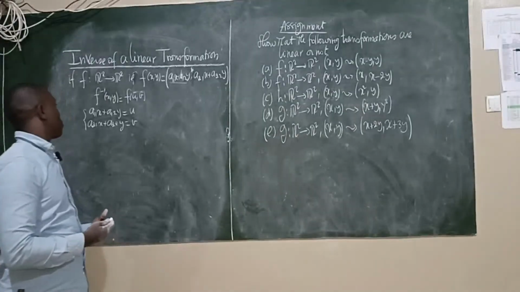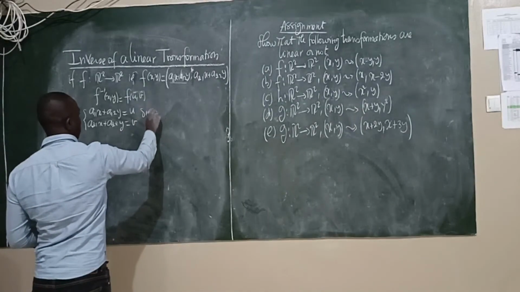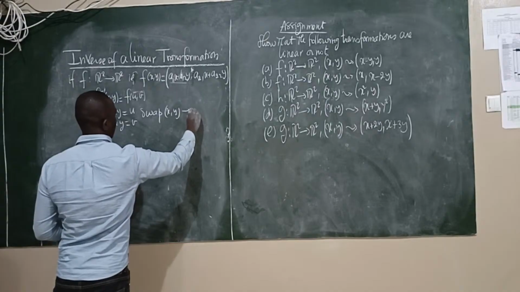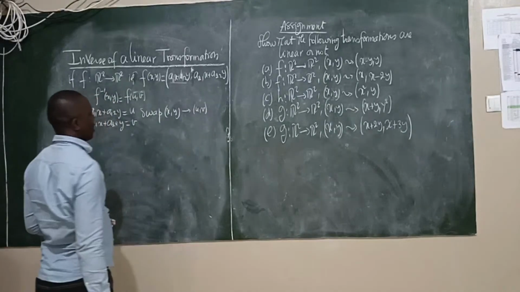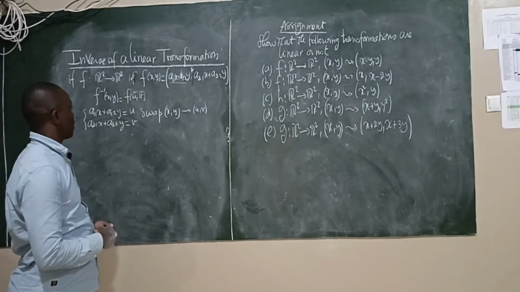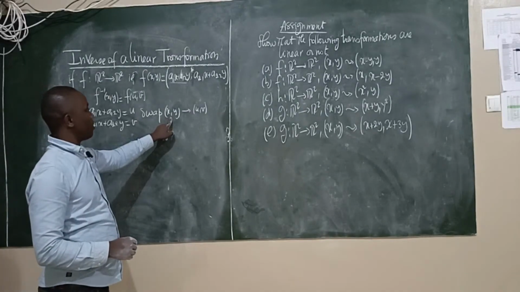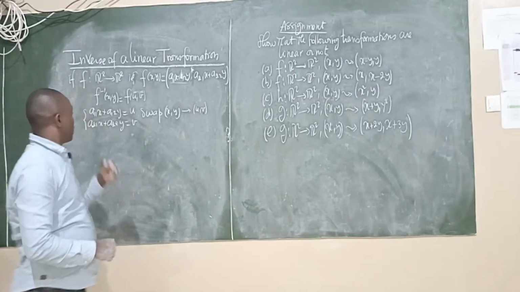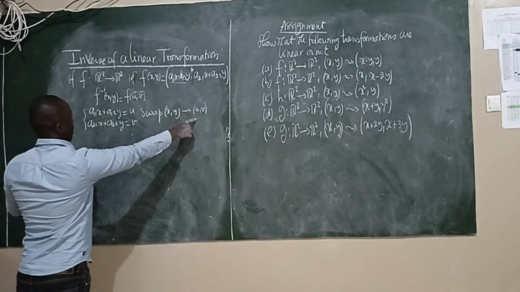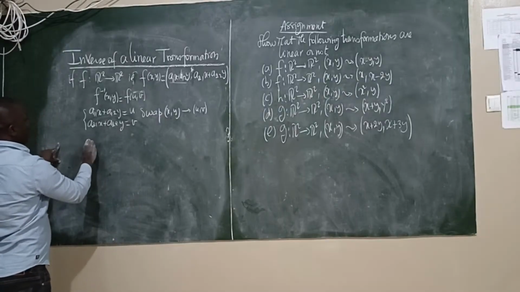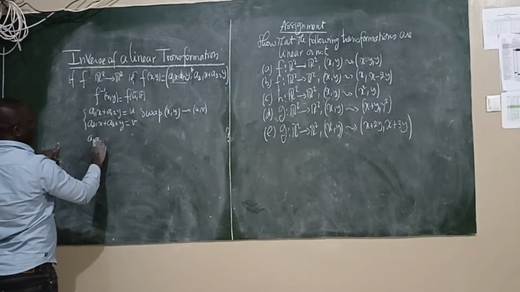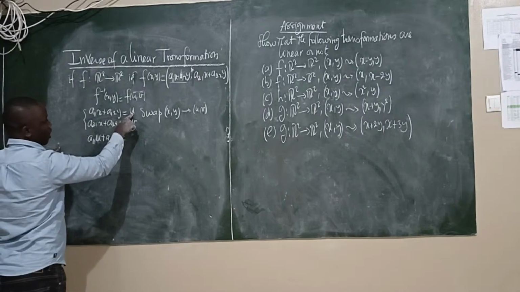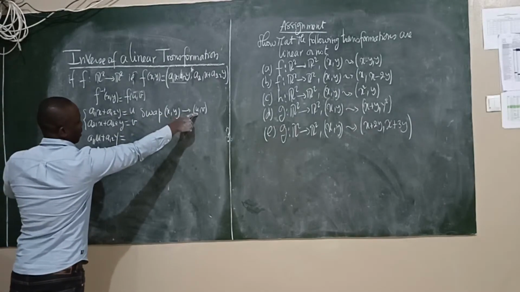The next step is to swap xy to uv. This means x is going to be replaced by u and y by v. That's how to swap. So we are going to have a11u plus a12v, and here x is swapped to u.